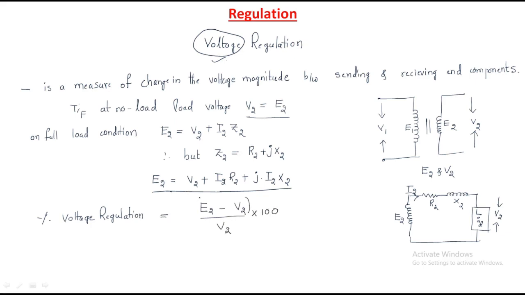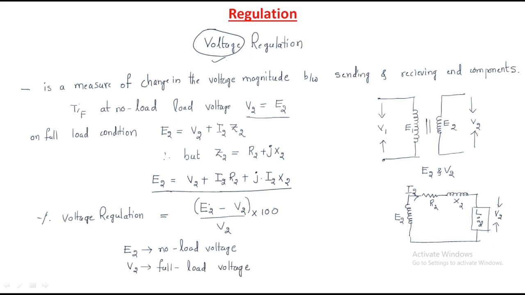This is the formula of voltage regulation for a transformer. Here E2 is the no load voltage, it doesn't have any load. Here V2 is the full load voltage.